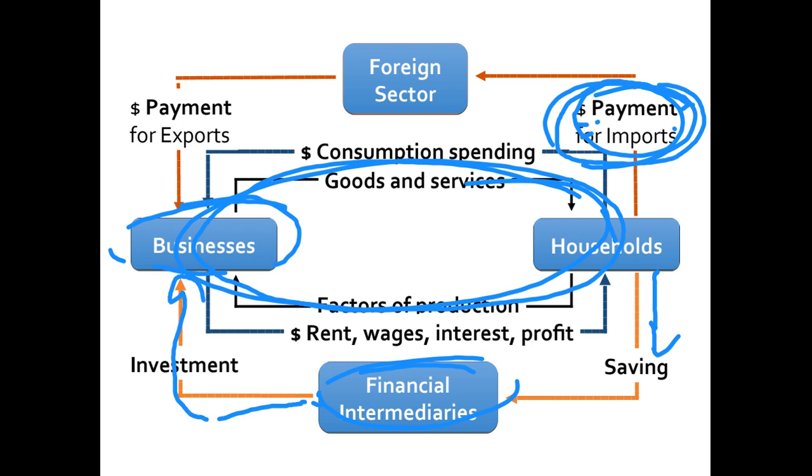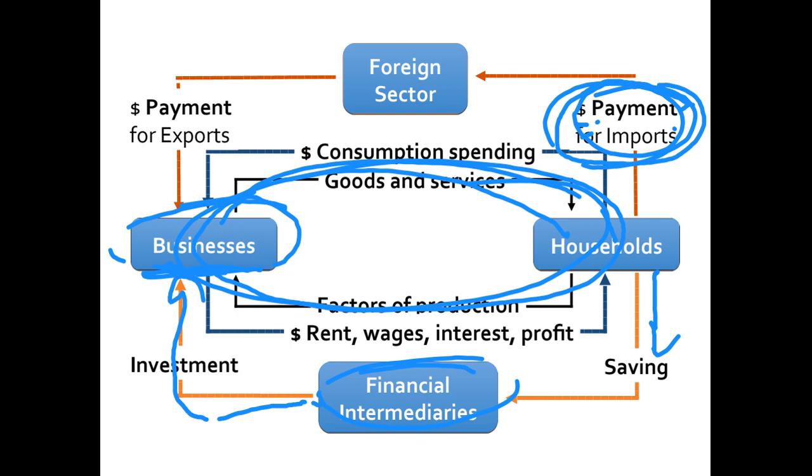But these businesses are not only selling their product to these households, they're also selling their product to other nations, for example, the United States. So these producers are also exporting their products, and they are earning export revenues, right?